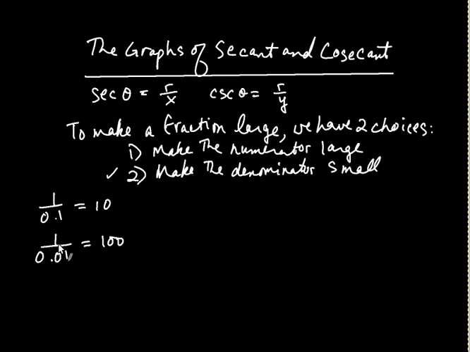Now we're going to want to denote this situation when we're dealing with secant and cosecant. And so the way we're going to think about it, we're going to use the following notation. We're going to use a little arrow, meaning as this situation happens, 1 divided by 0, and I'm going to write a little plus sign here. And that little plus sign means that I'm approaching 0, but I'm doing so through positive values.